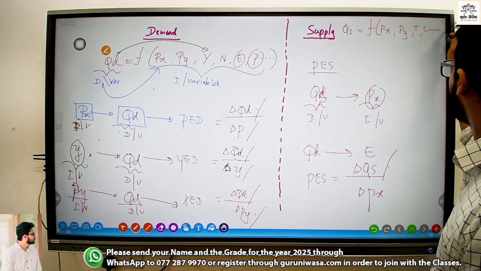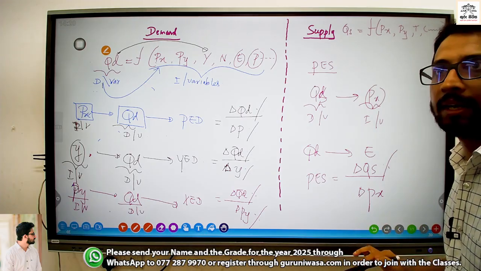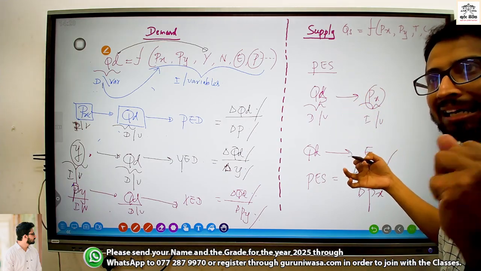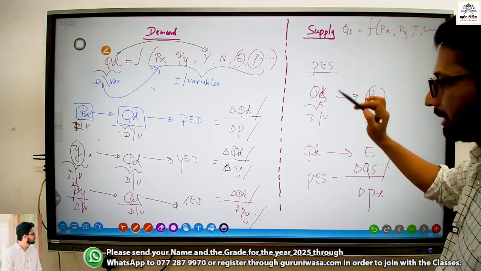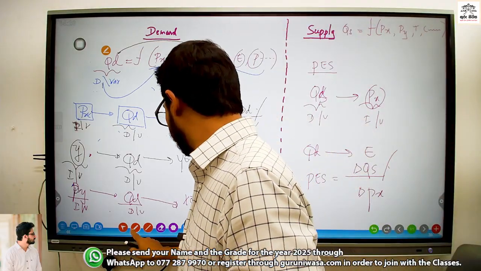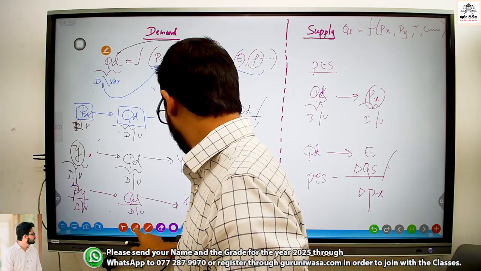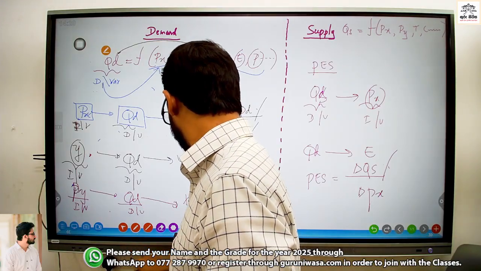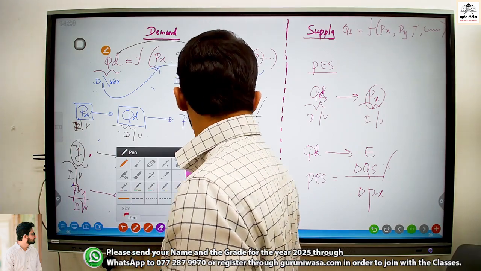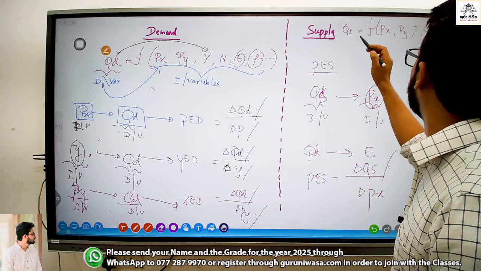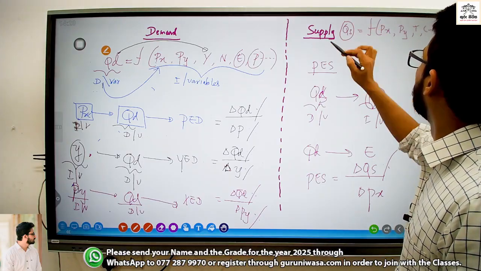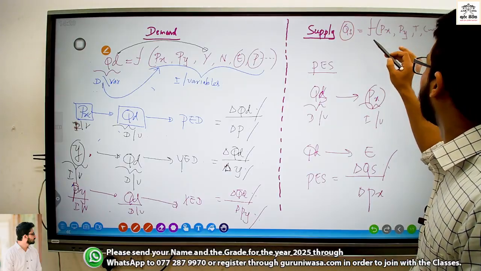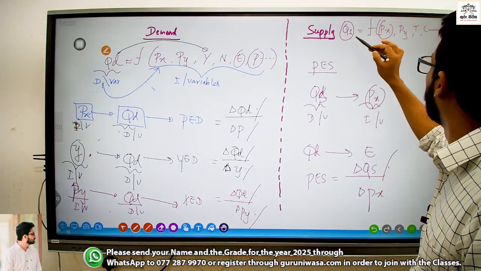There are some factors, but on the supply side, we calculate an elasticity for only one variable, connecting only quantity supplied and price.